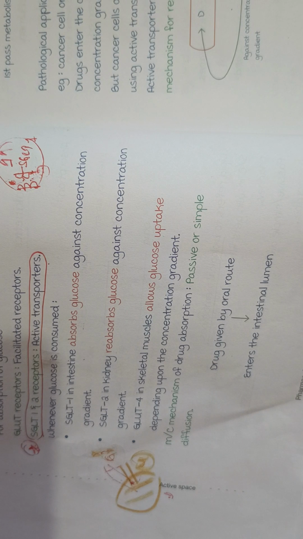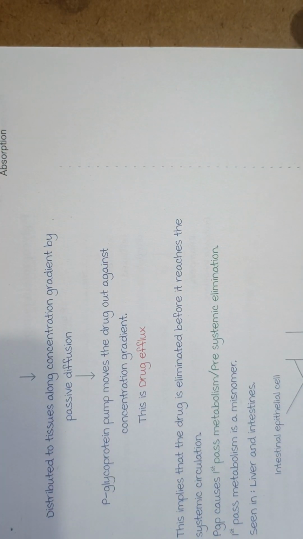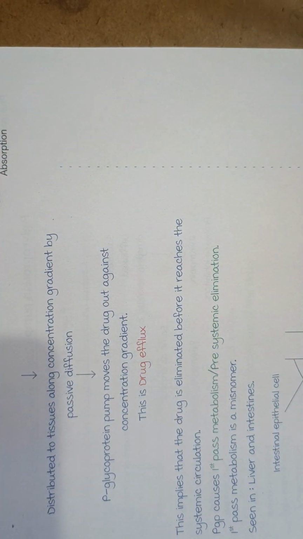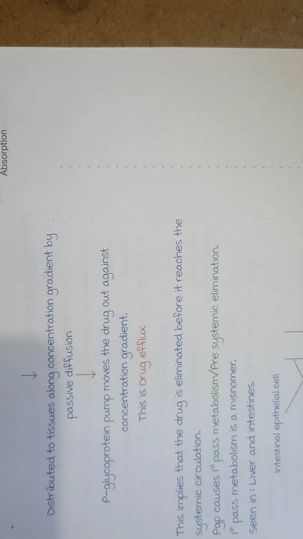The next important aspect is a drug given by oral route enters the intestinal lumen, right? The moment it is distributed to tissues along the concentration gradient by passive diffusion, right?